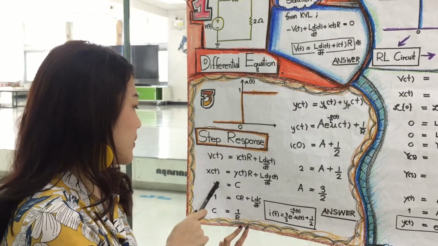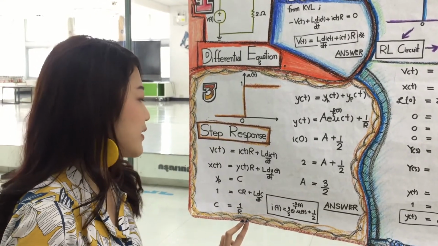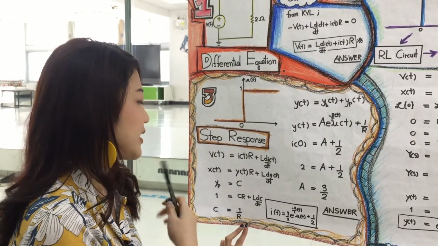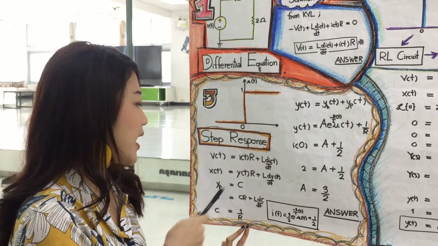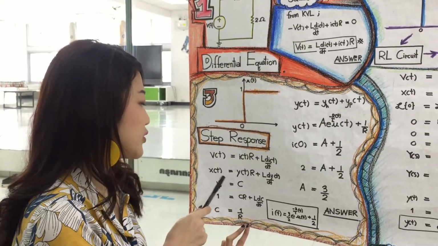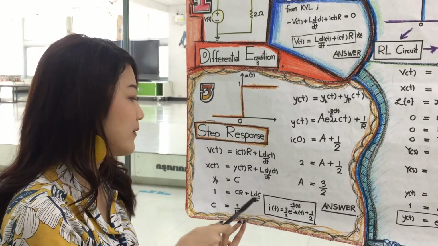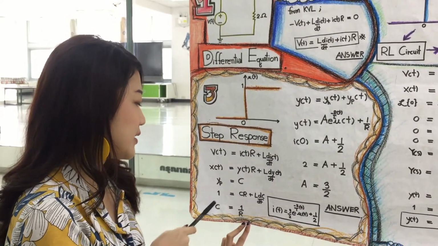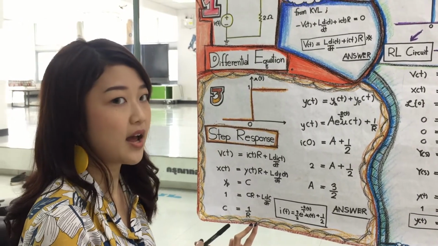Then we got y particular equal to a constant c from the xt function, and we substitute xt equal to 1 and y particular equal to c into the function. So we got this function, and we solve this equation to get c equal to 1 over R.